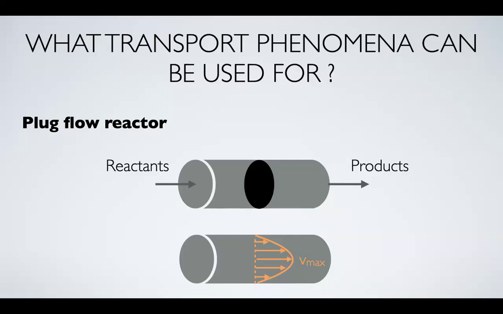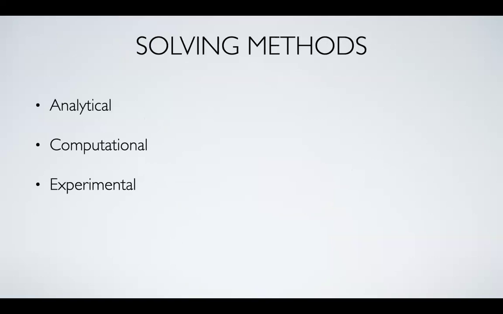So you can see now that whether we have energy, mass, or momentum transport, eventually we'll get the temperature profile, concentration profile, and velocity profile. That tells us a lot in terms of designing and also operation.